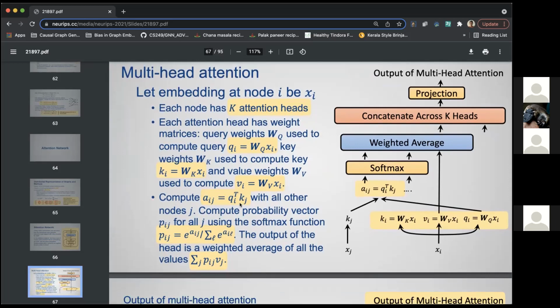Then we compute the attention between two nodes i and j, between the query for i and the key for j, with all other nodes j. Then we compute the probability vectors across the rows of this attention matrix by computing a softmax on the row.